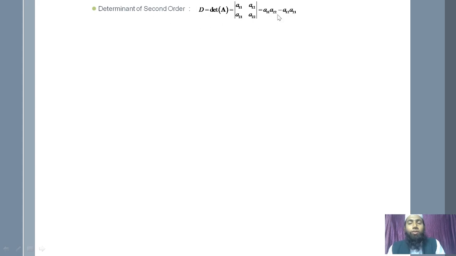Now this determinant and the Cramer's rule, just recall, Cramer's rule for the second order is what? To solve such type of system of two equations in two unknowns. यहाँ पे two unknowns है x1 and x2. To find this x1 and x2, what we are doing?